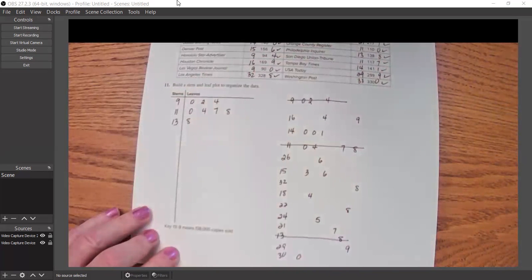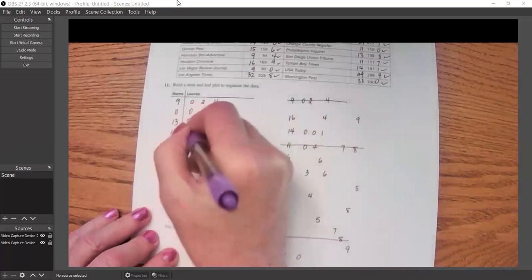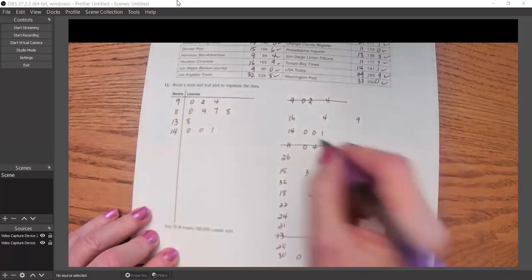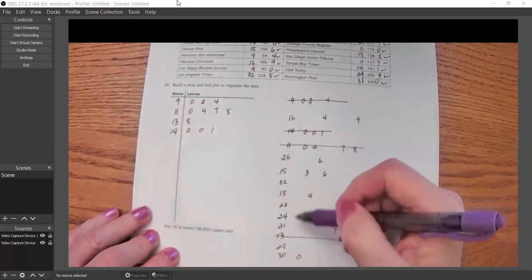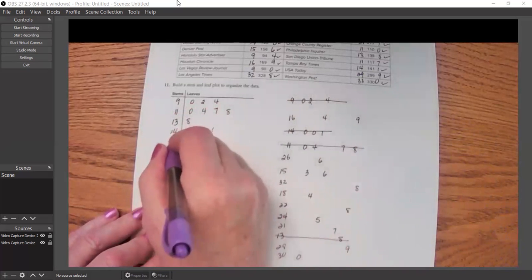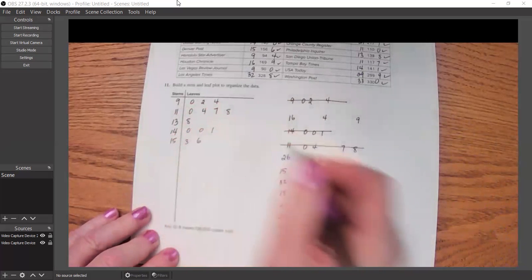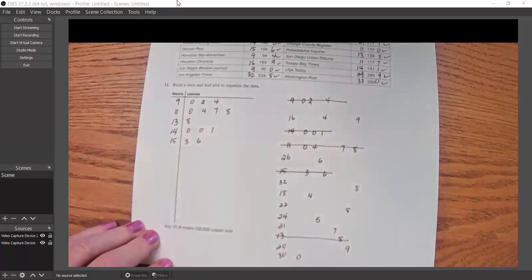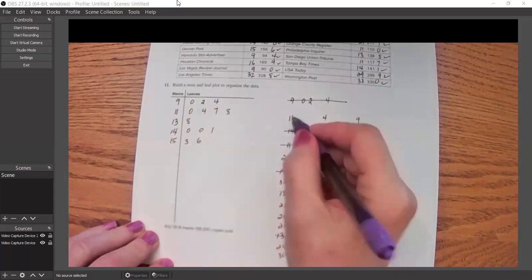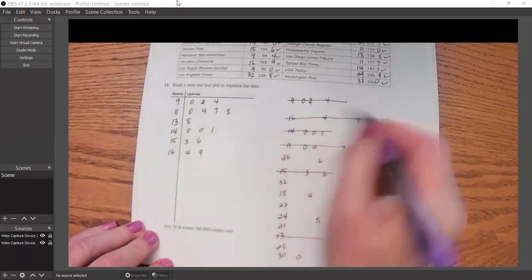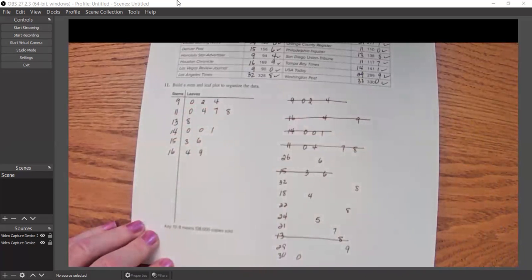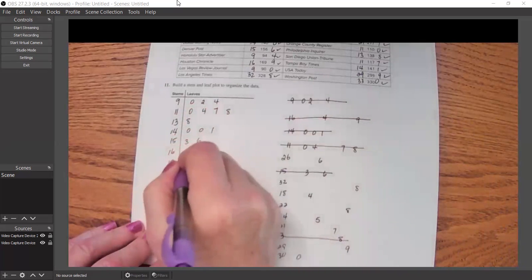Here's 14, 0, 0, 1 for its leaves. Here's a 15, 3, 6 as its leaves. Here's a 16, 4, 9. I don't see any 17s, but I do have an 18 here, 18, 4.